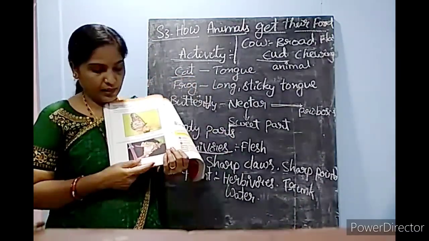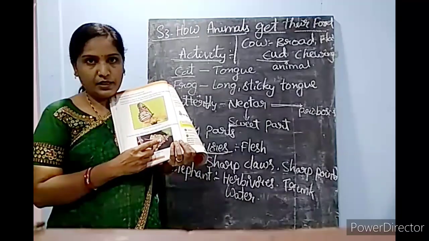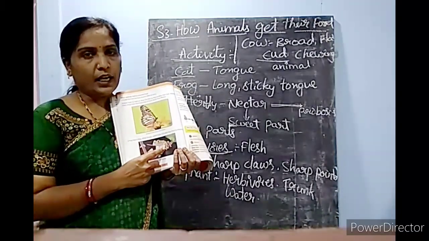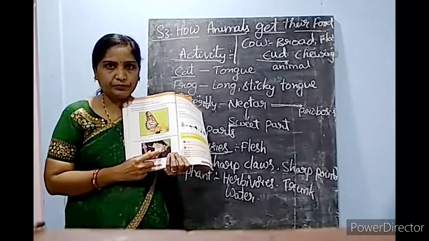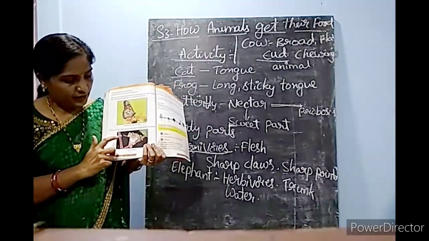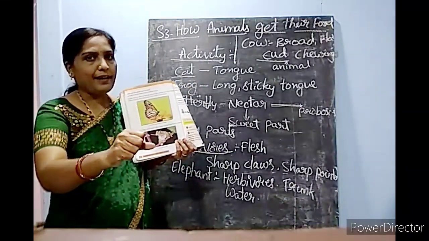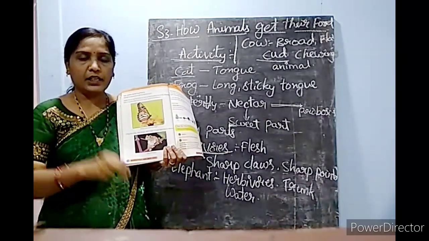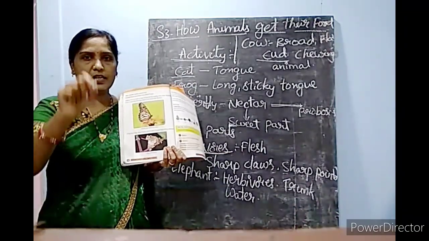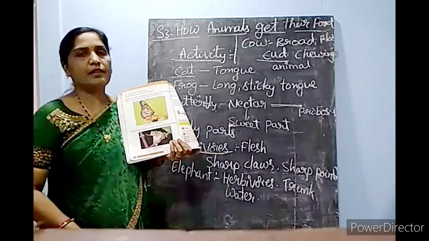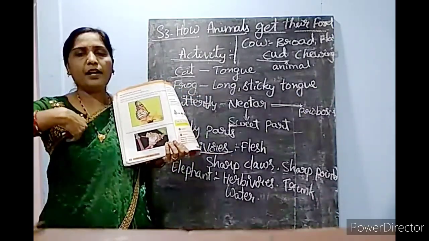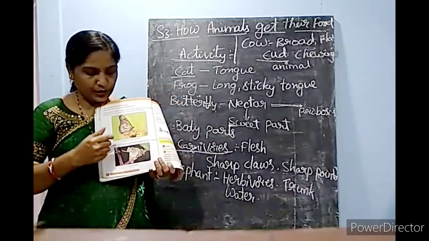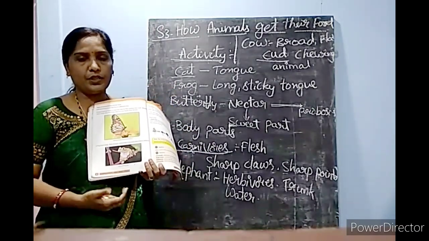And next animal, which animal is this? It's a frog. And what do frogs eat? Frogs eat insects. To catch the insects, it's using a long sticky tongue. It throws the tongue on the insect, catches the insect and rolls back again into the mouth. This is the process they are using.